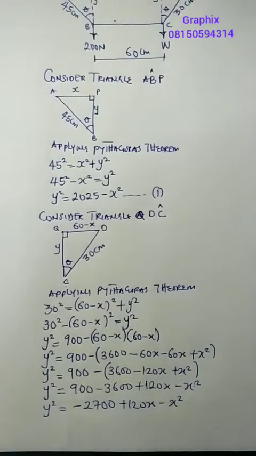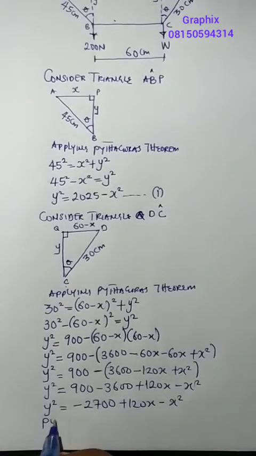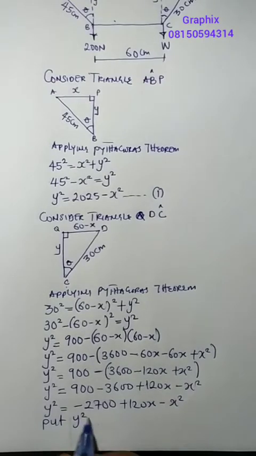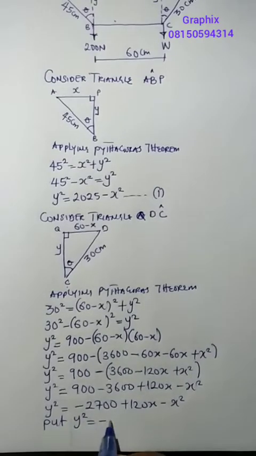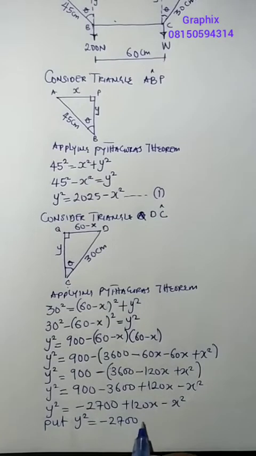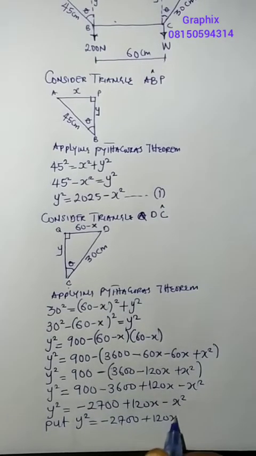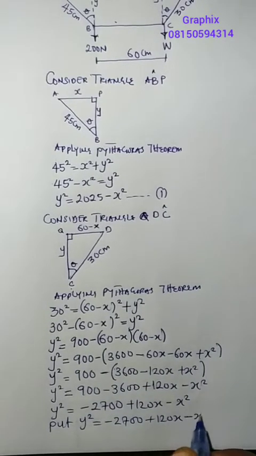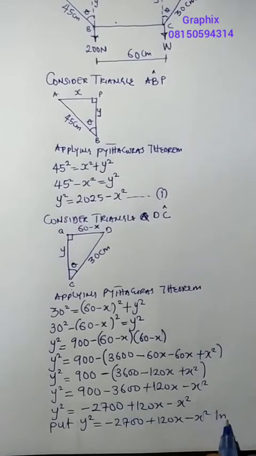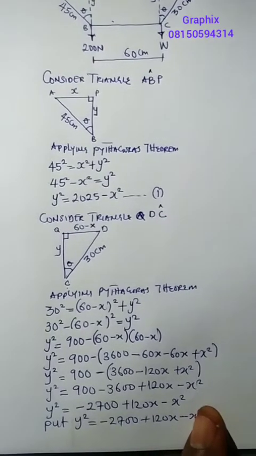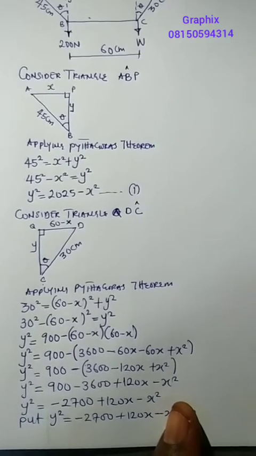Now we've gotten this to be our y squared. So you put y squared equals to minus 2700 plus 120x minus x squared in what? In equation 1.